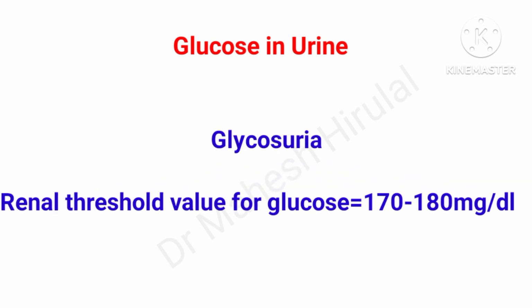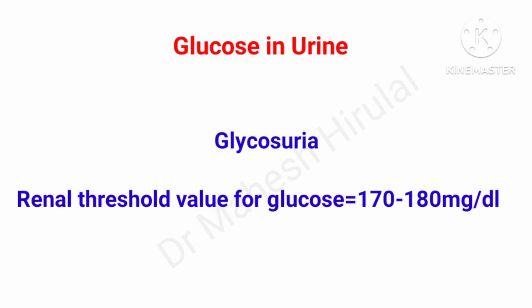It is used to detect glycosuria. Glycosuria is a condition where glucose appears in the urine. The glucose will appear in the urine when plasma glucose concentration exceeds the renal threshold value, that is about 180 mg per dl.